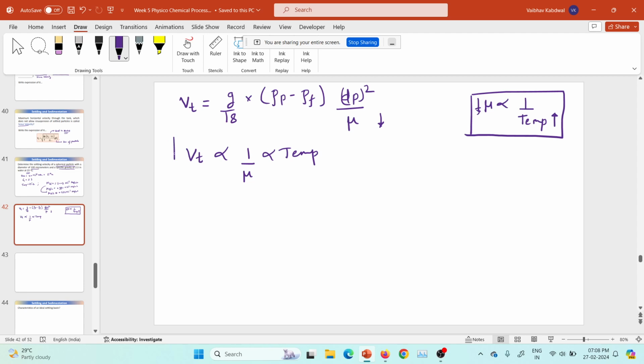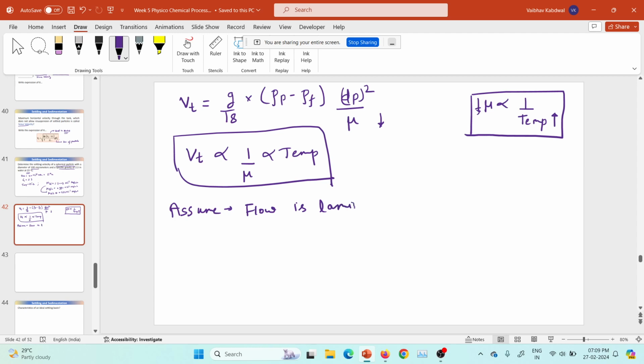Check whether it is correct or wrong. So what can we calculate here? This is the equation. Okay, we'll assume one thing: we'll assume the flow is laminar, so that we can use this equation directly.